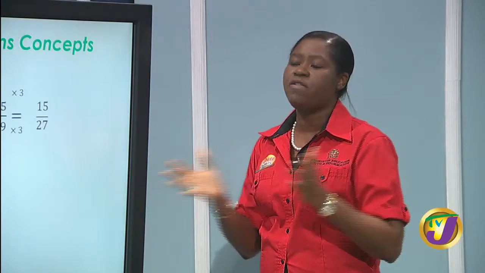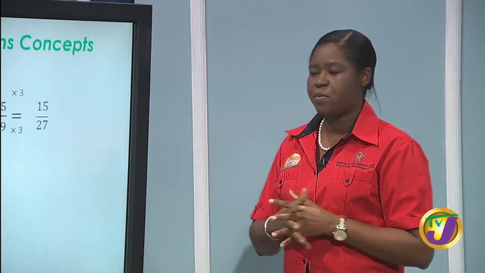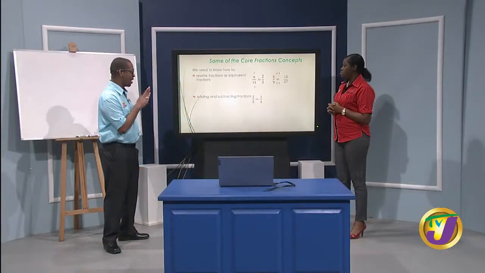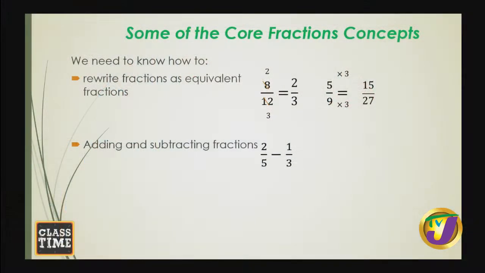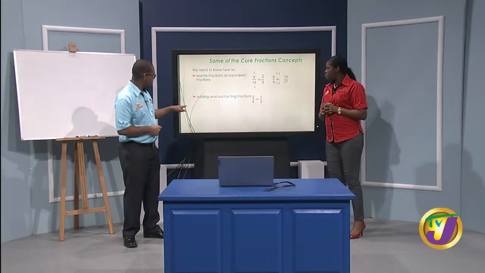We have to create equivalent fractions so the denominators are the same. So in the current format, I cannot just subtract 3 from the 5 and 1 from the 2, because they're not the same. We want to express them with the same unit, equal sizes, in order to do the subtraction.